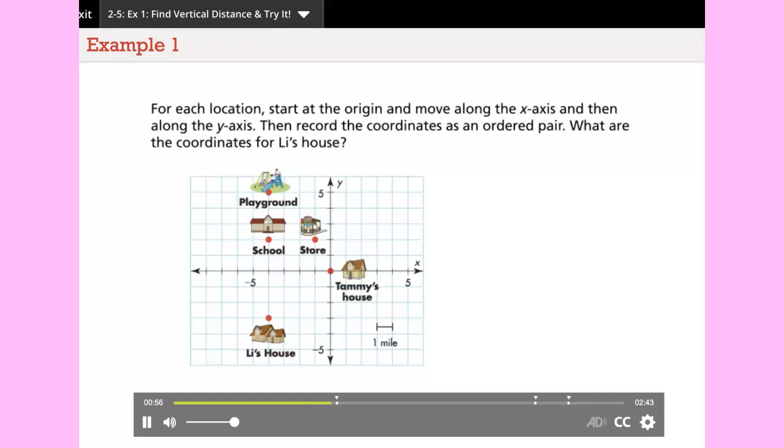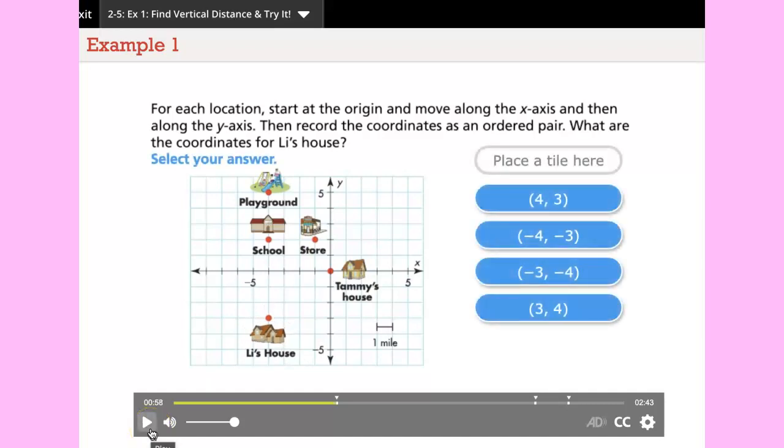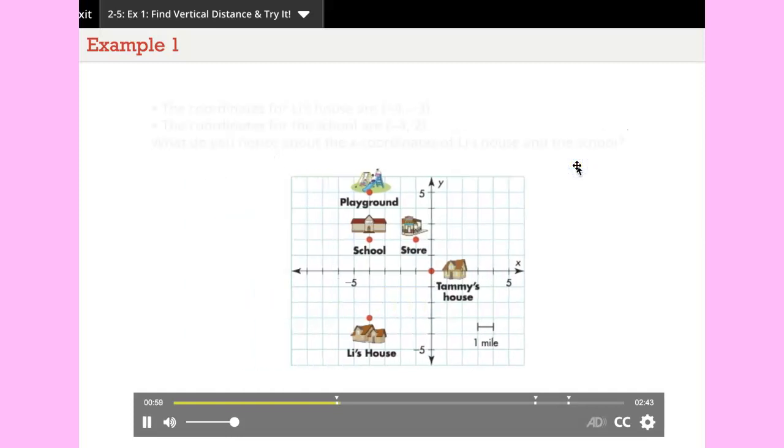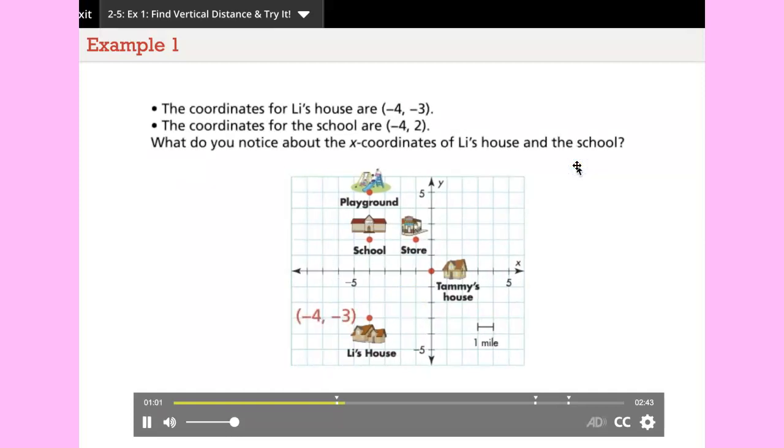What are the coordinates for Lee's house? Select your answer. If you said 1, 2, 3, 4, that's negative 4, and then 1, 2, 3, that's negative 3, then you are correct. The coordinates for Lee's house are negative 4, negative 3. The coordinates for the school are negative 4, 2.